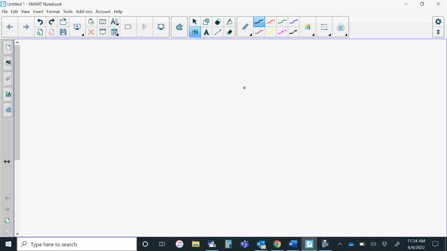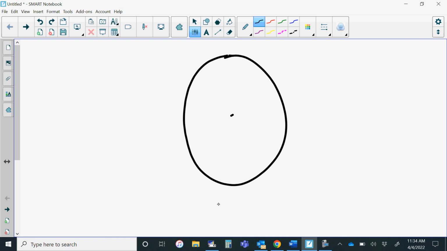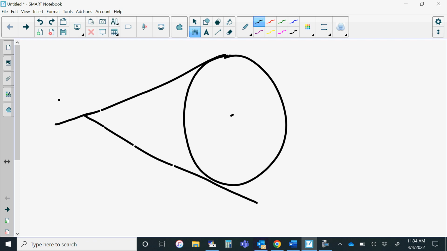I'm going to give you a minute to try this one. That's a terrible circle. Excuse me, I don't make fun of y'all, just redraw it. Excuse me, Mr. Martin.